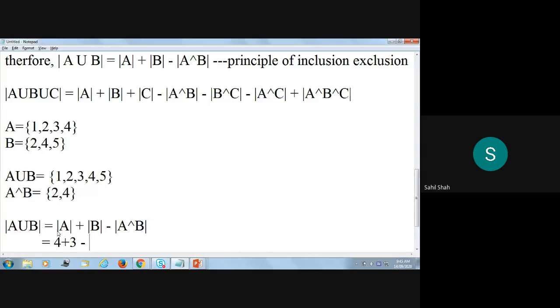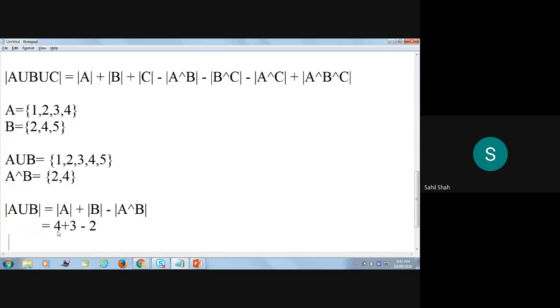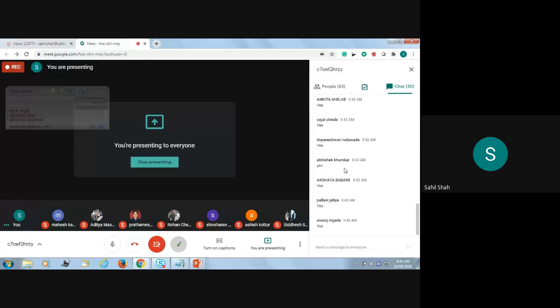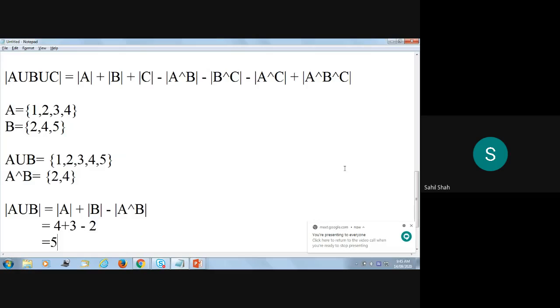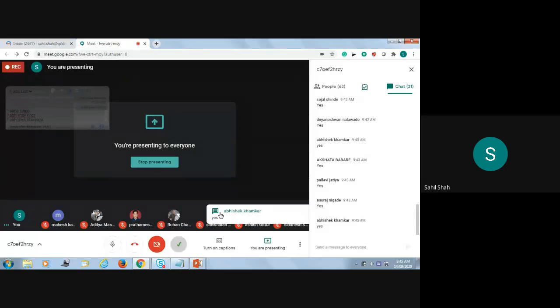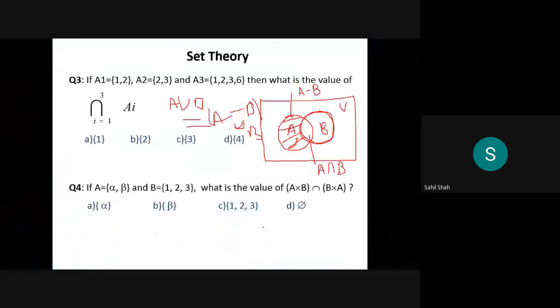How many elements in common? 2. So it comes out to be 5. Do we have cardinality of A union B as 5 in our answer? 1, 2, 3, 4, 5. Yes. So the principle of inclusion exclusion is proven with the help of an example. Is it clear? Why is there a need of subtracting? Okay, so let's go for the actual examples now, if it is clear.